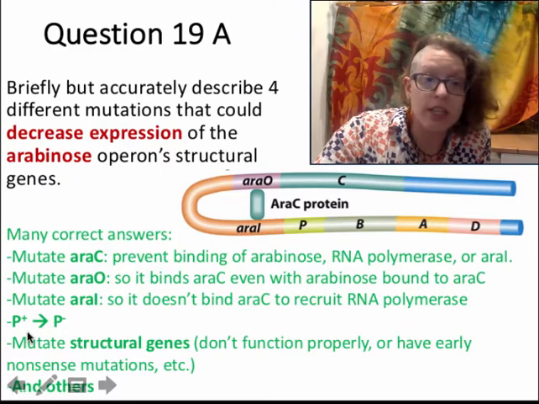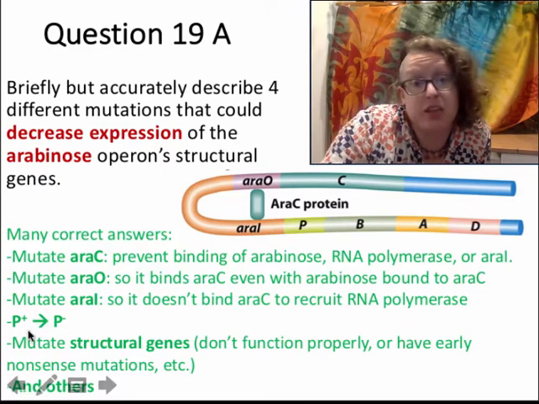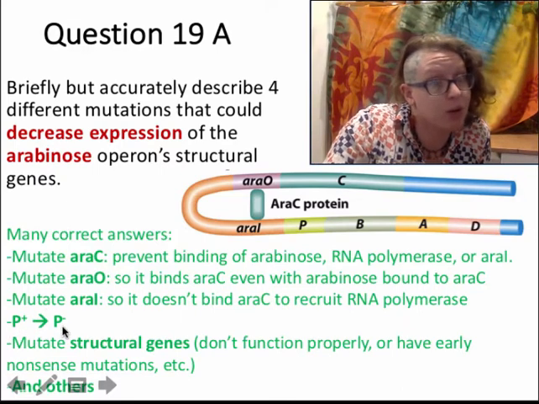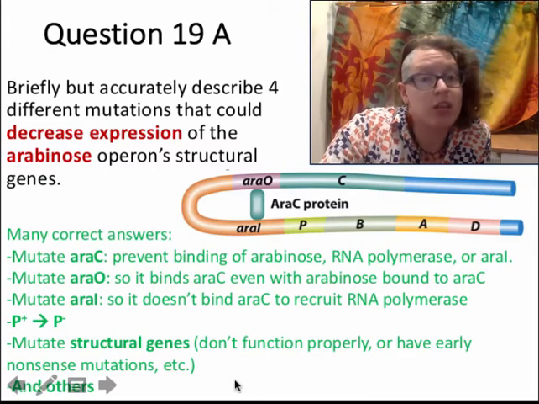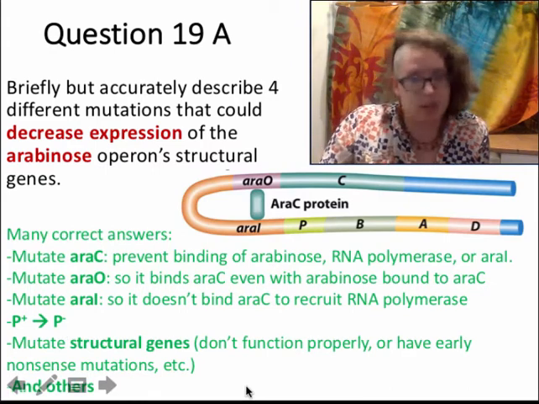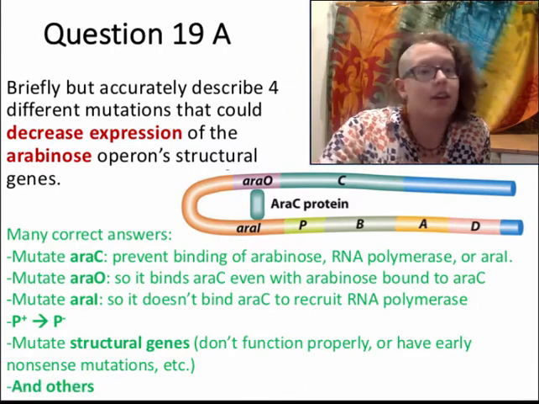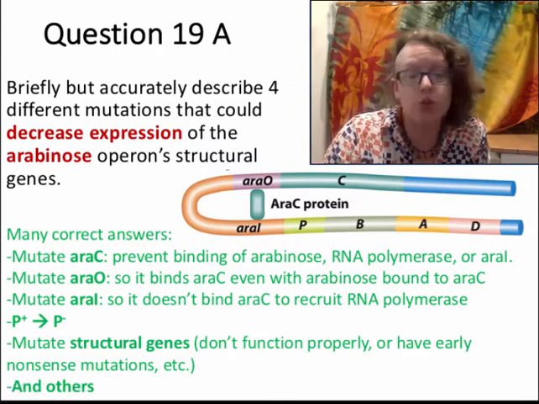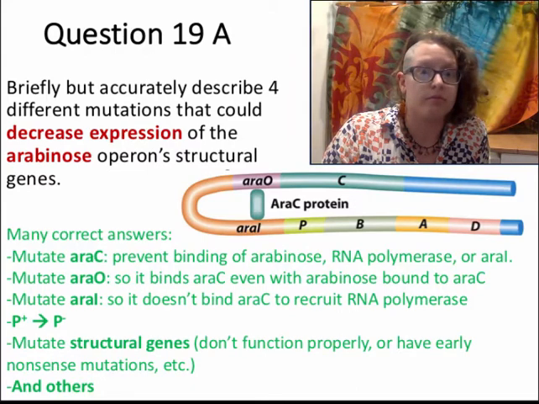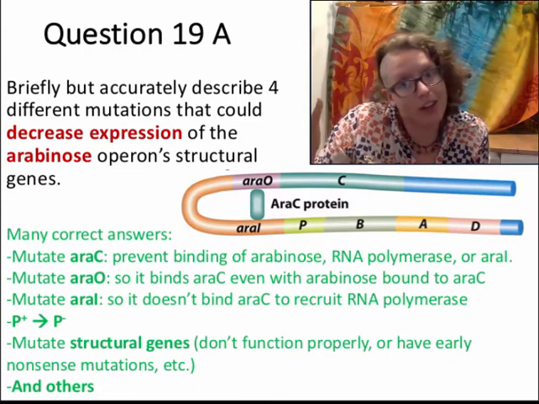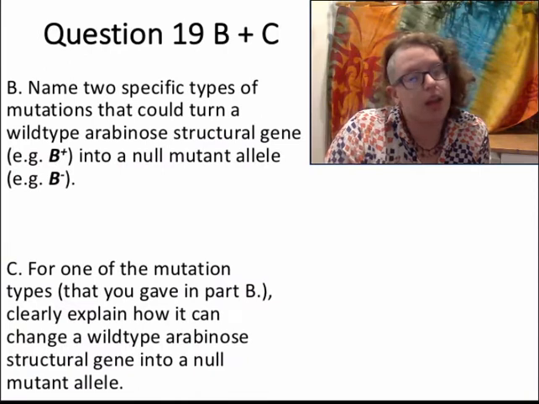Another thing you could do is mutate the promoter so that it doesn't work anymore. That would be simple. You could also mutate the structural genes so that they have early nonsense mutations or don't function properly. There are plenty of other things to do. Make sure you know the anatomy of this gene. Woo! Next. B and C.